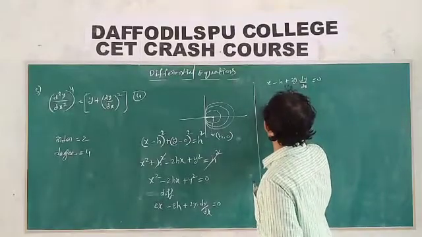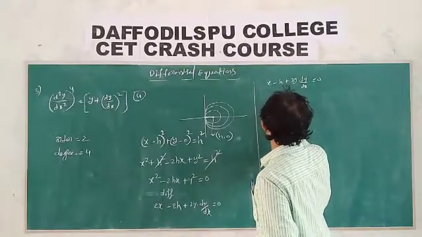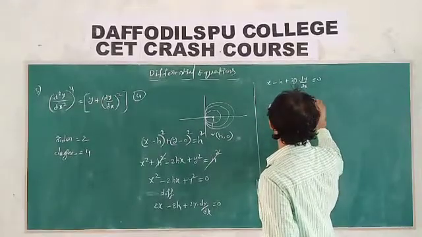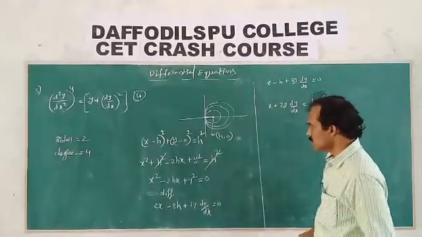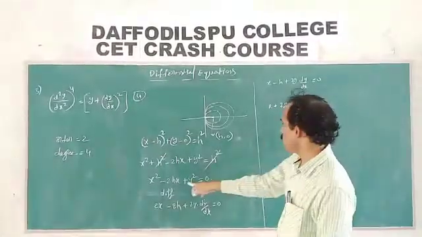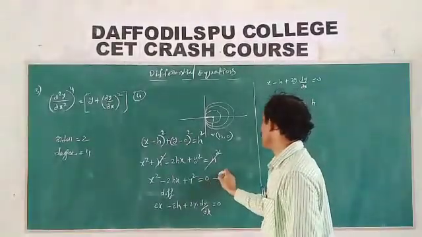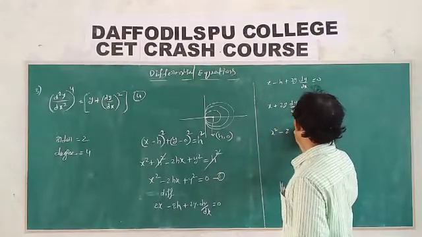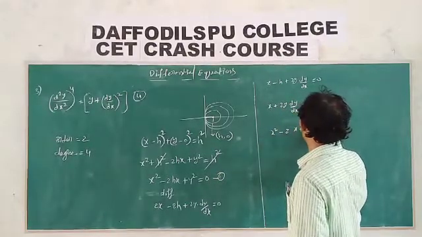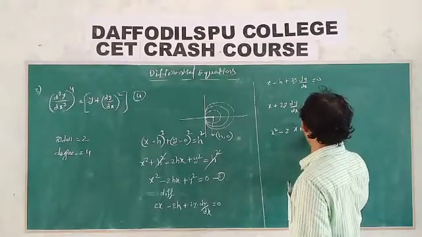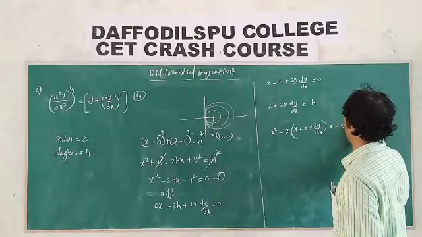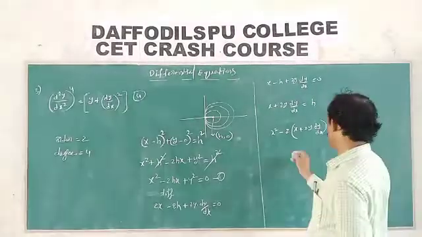Taking h to the other side, h is equal to x plus y dy by dx. Right? So substitute the h value in this equation: x square minus 2 times (x plus y dy by dx) into x, plus y square is equal to 0.